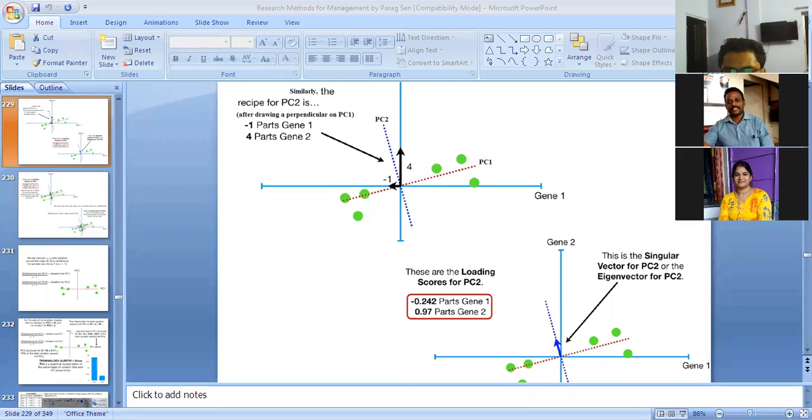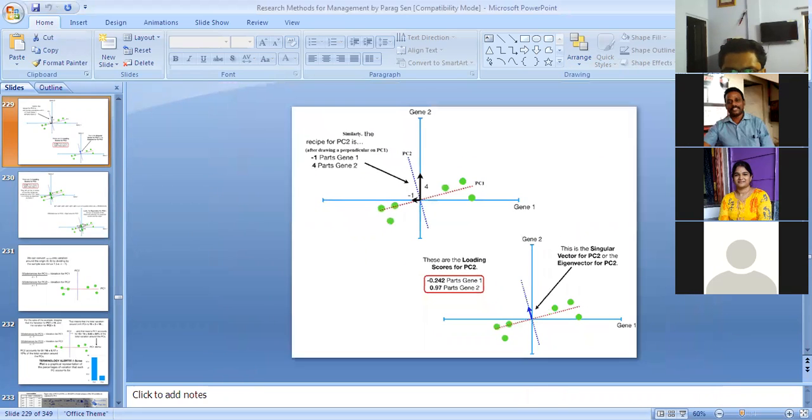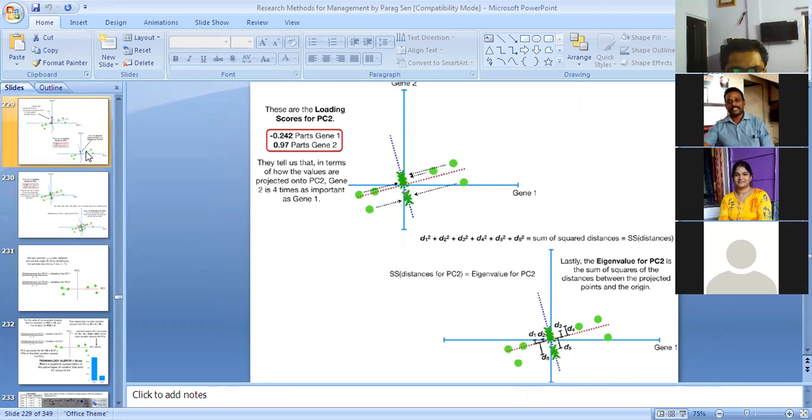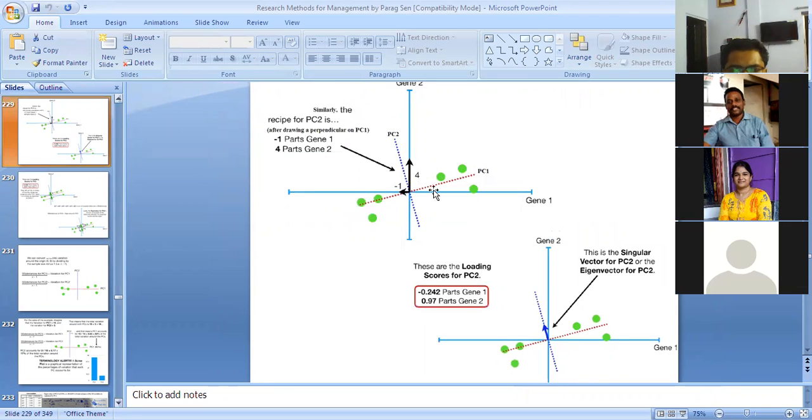Hopefully it is visible now. No, sir. Just a blank. It is blank. Yes, sir. Now can you see it? No, sir. Okay, let me try to do something different.